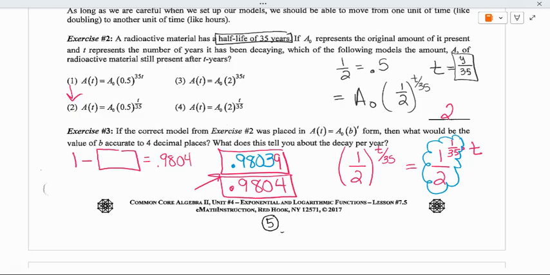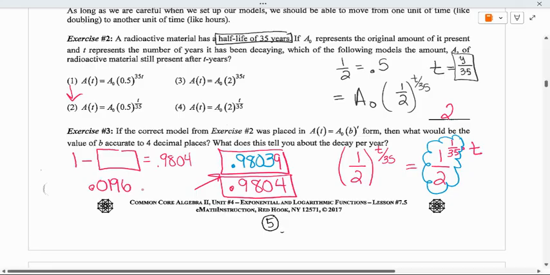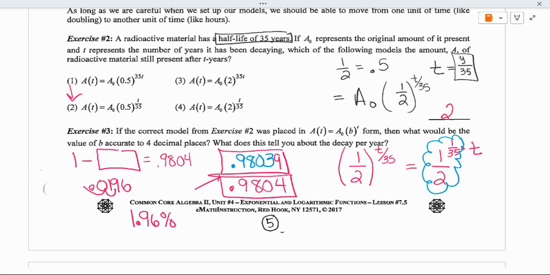And what do you get? You get 0.0196, which means it's decaying at about 1.96%. 1.96% every time.